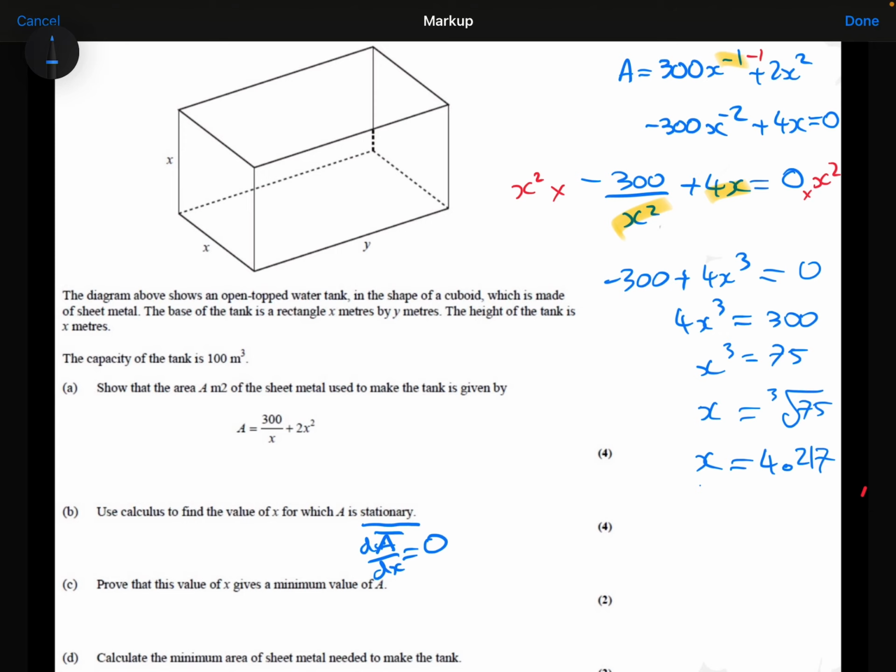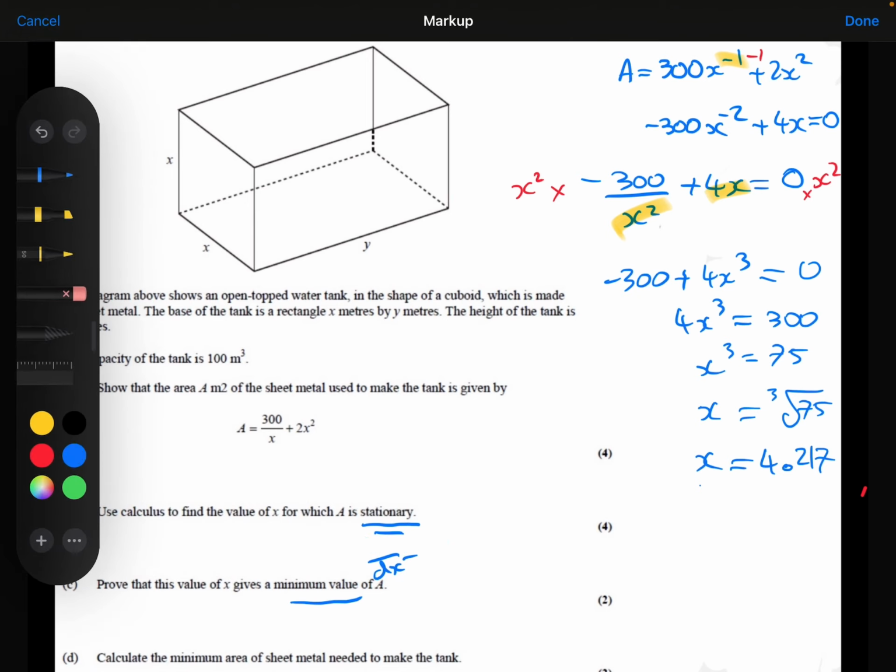Part C says prove that this value of x gives a minimum value of A. So I need to show that this is a minimum. Now I know at a minimum that the second derivative is greater than 0. So let me take my first derivative. Remember, this is my first derivative.